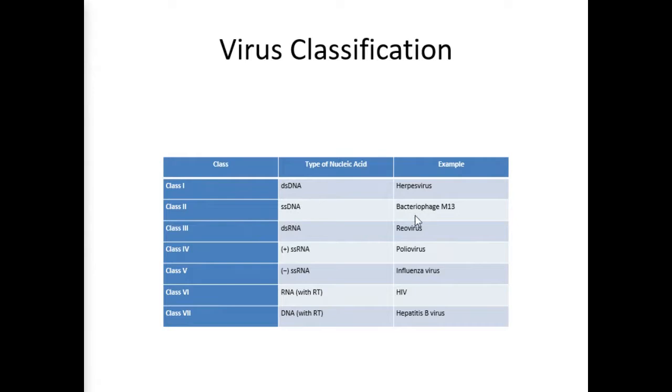Class 2, single-strand DNA, bacteriophage M13. Class 3, double-strand RNA, reovirus. And class 4, positive single-strand RNA, the poliovirus. Also positive single-strand RNA, SARS-CoV-2, also class 4.